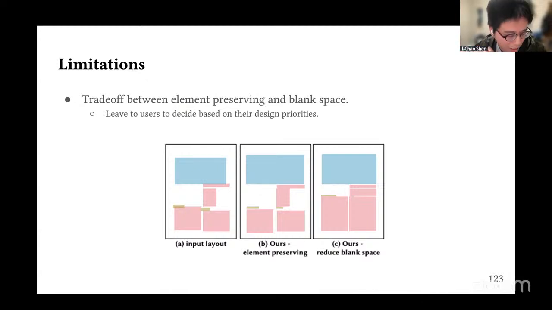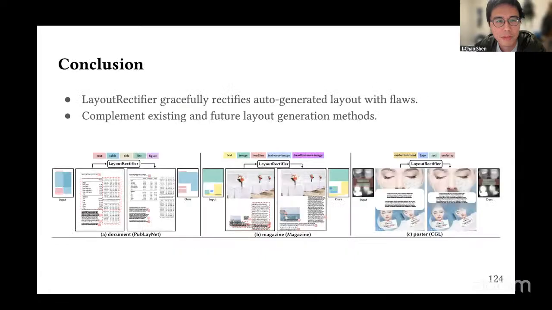And I think this is mostly left to designers and their design priorities. So what is interesting about this work is that we propose this specific post-processing method that can work with many different existing and future layout generation models. And this can help us get better results out of all these different generative models.